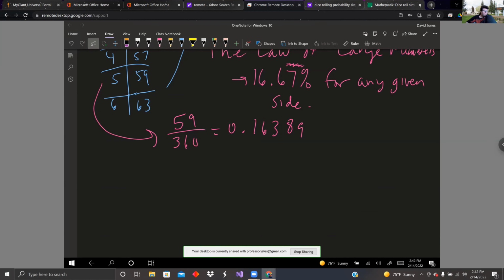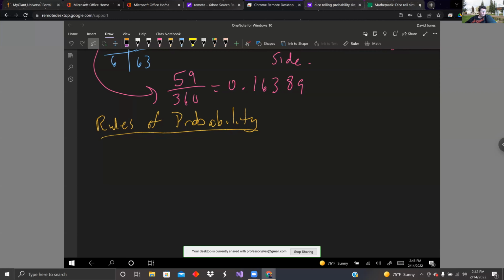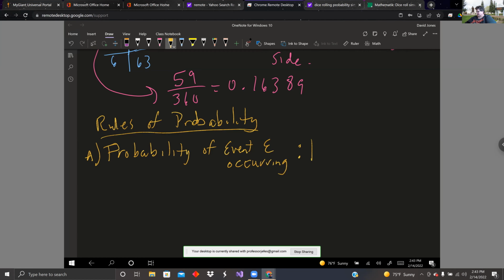The rules of probability are, for the probability of event E occurring, we will call this P with parentheses.